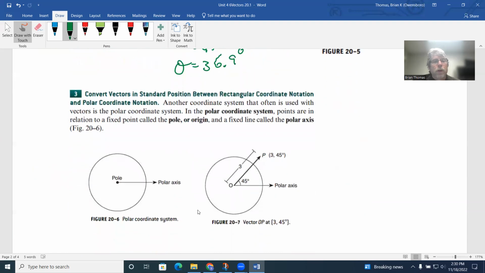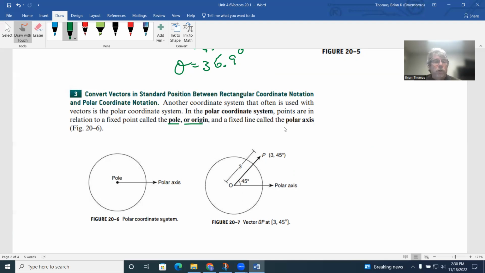So another thing we got going on is converting vectors in standard position between the rectangular coordinate system notation and a polar coordinate notation. Another coordinate system that is often used with vectors is called the polar coordinate system. In the polar coordinate system, points are in relation to a fixed point called the pole or origin, and a fixed line called the polar axis.